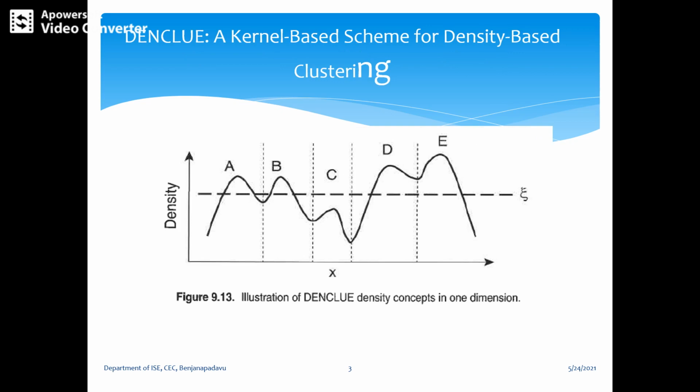Now subspace clustering is also like that. The clustering techniques considered until now found clusters by using all of the attributes. There are a lot of examples for subspace clustering. One of the major ones we are going to discuss is CLIQUE clustering.